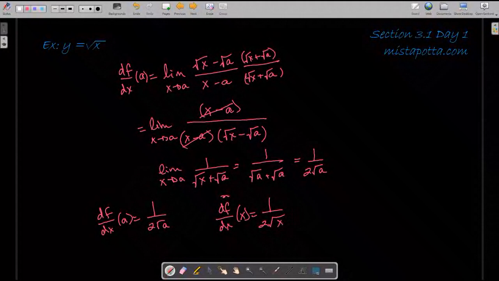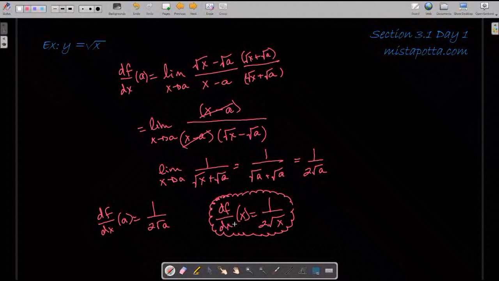So I can still get a derivative function even in a situation where I ordinarily was just solving for a particular value of a. And so this is a situation where the alternate form of the derivative is going to be more beneficial in calculating the derivative function.